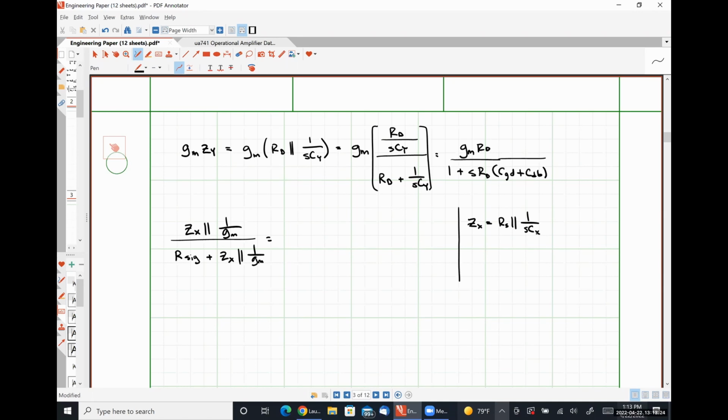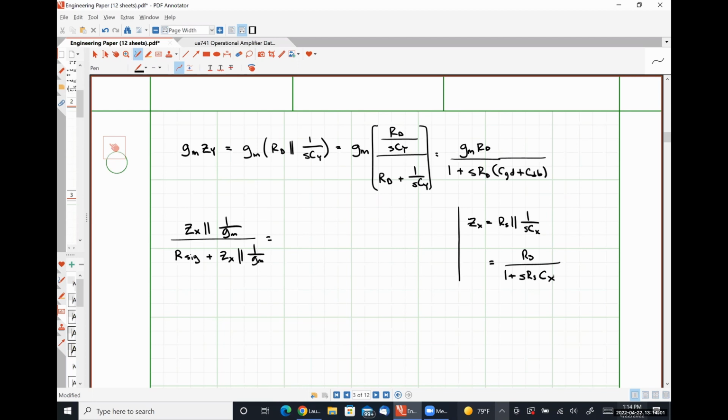It's literally the same algebra, just don't want to do it twice. Where CX is, I'm going to leave it as CX for now because I did it in my notes and I don't want to mess things up. Okay. So we're going to make that substitution here shortly.